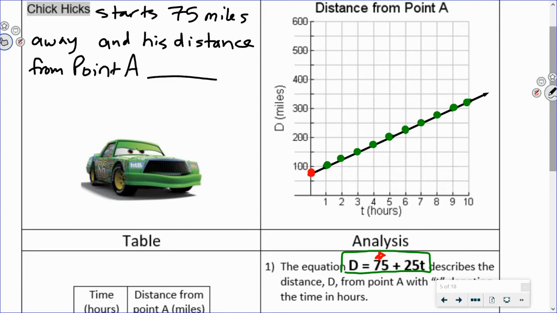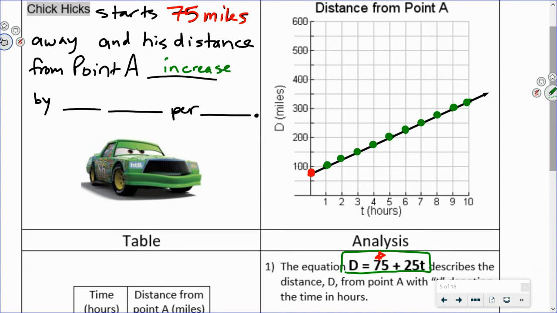And I'm going to leave some blanks here, and I would encourage you to fill in those blanks. Now I'm going to write here in red, he did start 75 miles away. And then in green, I'm going to say, okay, his distance increases.